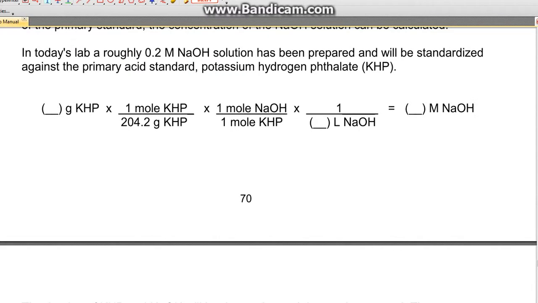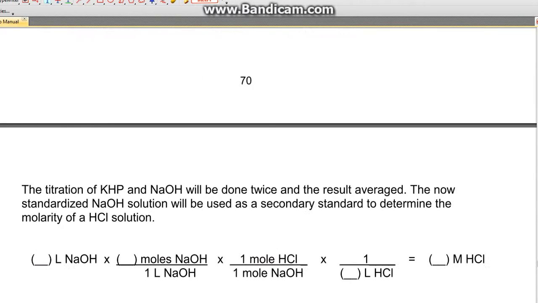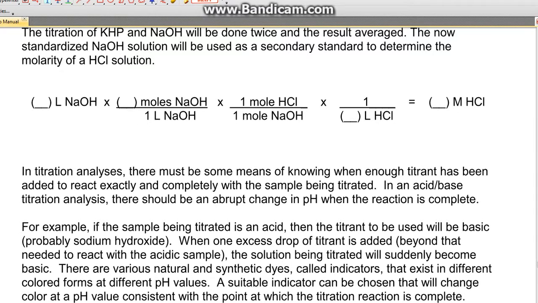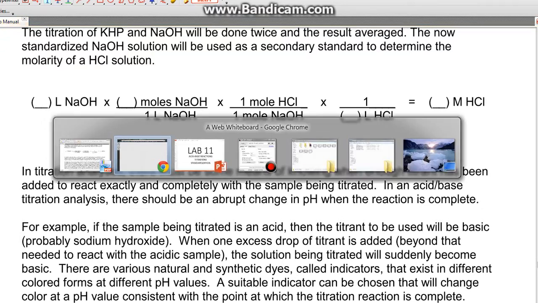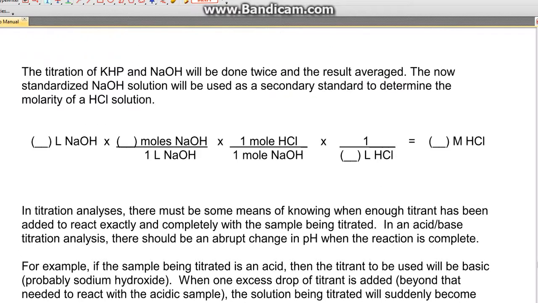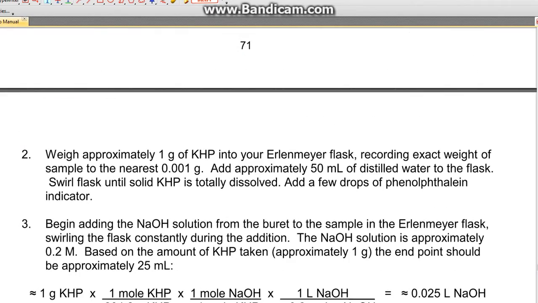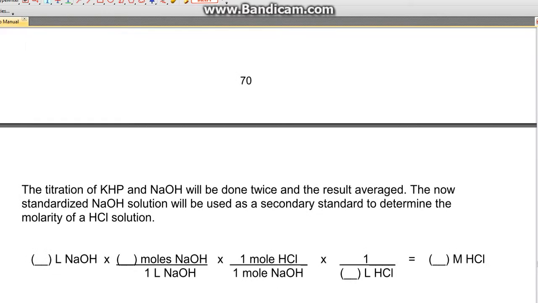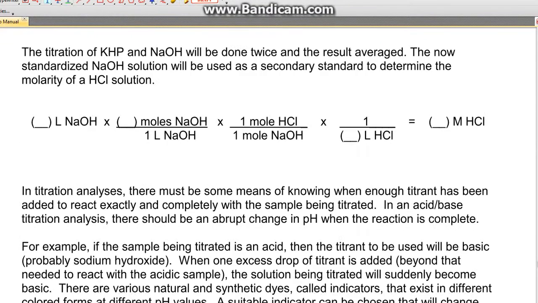Alright, so that would be how you would standardize your concentration. Then it goes through another calculation down here on how to then find the quantity, or the concentration, of the hydrochloric acid. So that is on page 71.